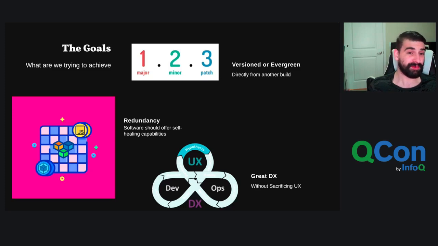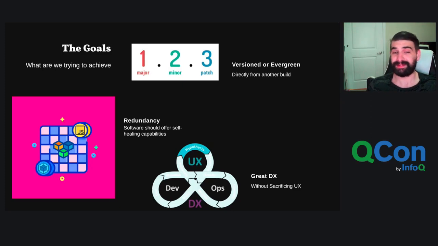I also still want the ability to have versioned code on the dependencies and on the remotes themselves from another build. While versioning is great, there are also going to be times where I want the opposite, and I would like to always have the evergreen code, where it's always up to date, always have the latest copy on the next execution or invocation of that environment.